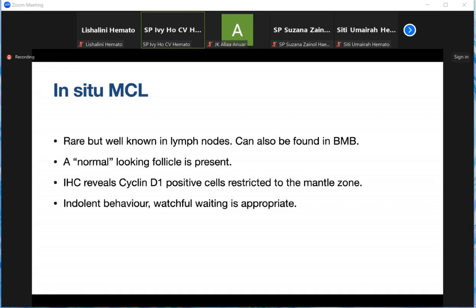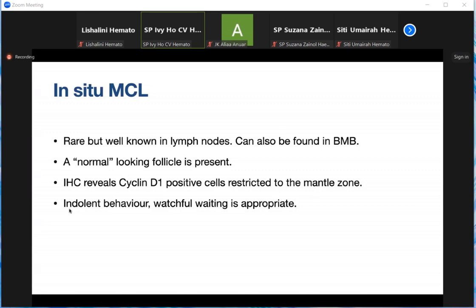I just want to introduce you to this. Just be aware when you look at the lymphoid aggregates. They can have very normal looking follicles. Cyclin D1 will help us to reveal them as abnormal lymphoid aggregates, because the cyclin D1 positivity, instead of staining the whole lymphoid follicle, will stain the mantle zone only.